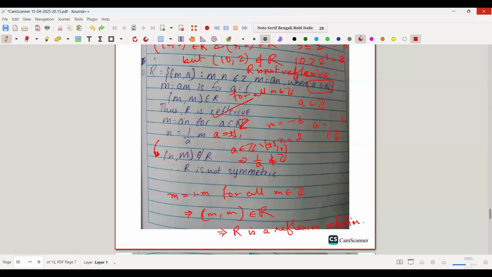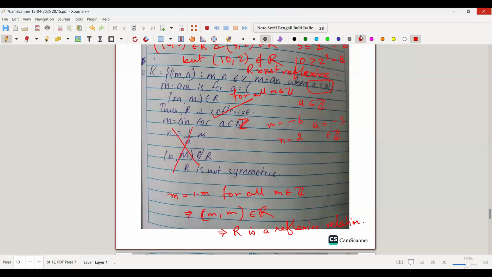This is in general not true. So you have to give an example for this being not symmetric. This is not correct for all n and m, right? So for some n and m, (m, n) belongs to R and (n, m) does not belong to R. So you have to give some example.